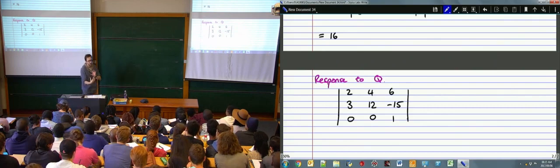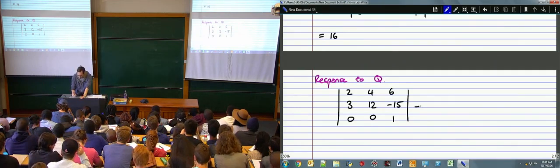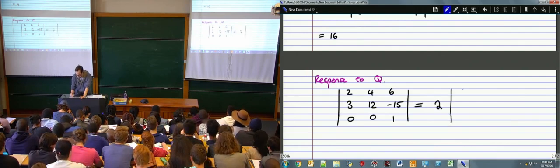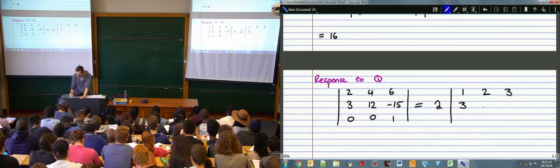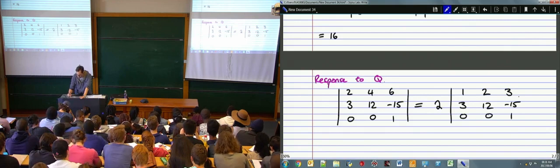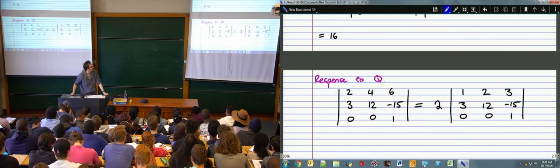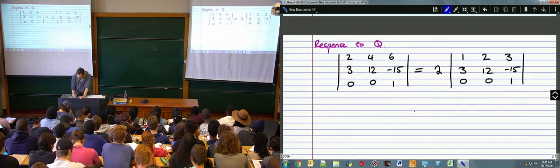Okay. What you could do now, if you took out scalars from the first row, let's say you take out that factor of 2 from the first row, you would write down 1, 2, 3, and then you'd have 3, 12, negative 15, 0, 0, 1. And then what we could do is we could take out a factor of 3 from the second row if we'd like.